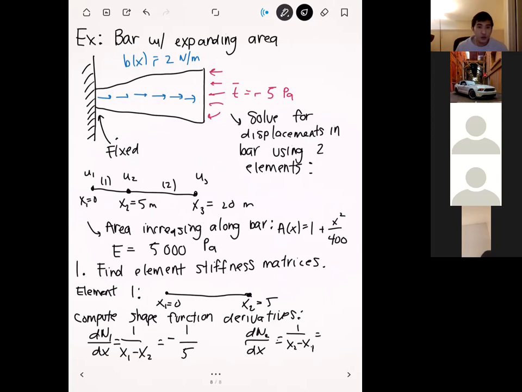And then dN2/dx is just going to be the opposite of that, so that's 1 over x2 minus x1, which is just 1 over 5. Now what we can do is plug this into our expression and start working on getting the element stiffness matrix. Any questions on this so far?